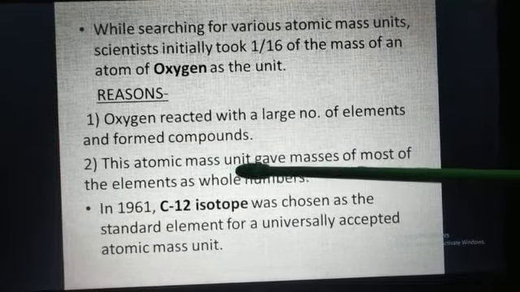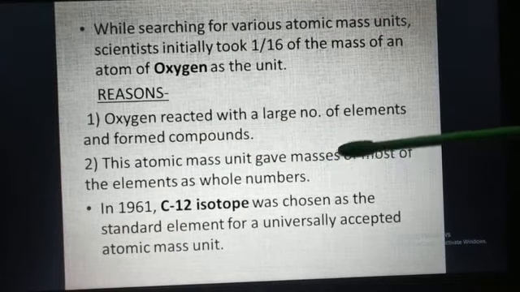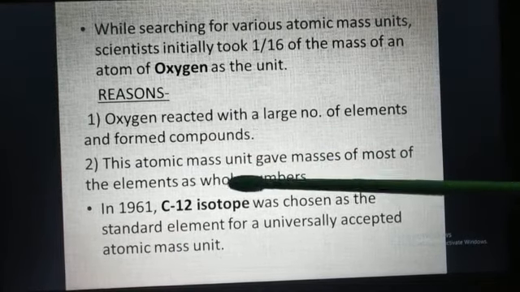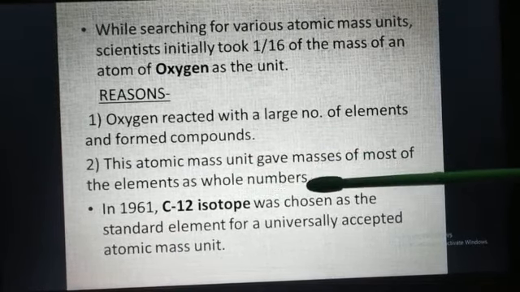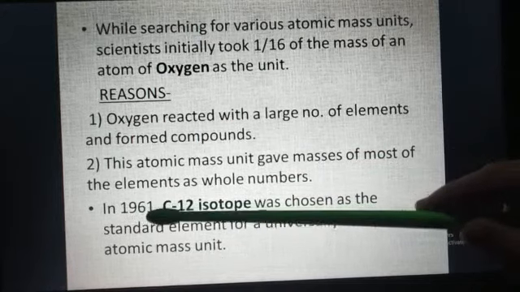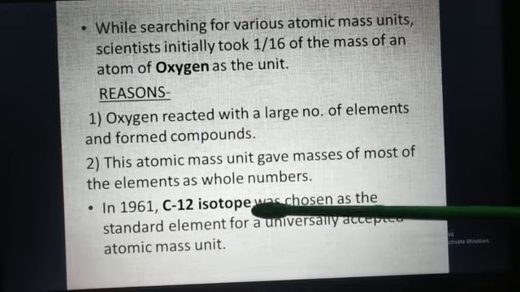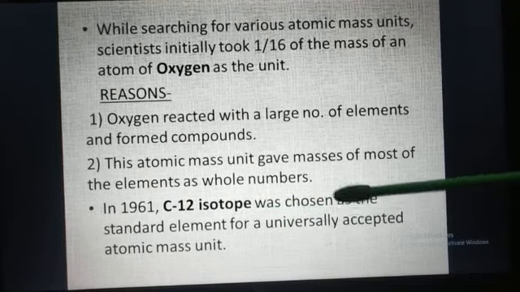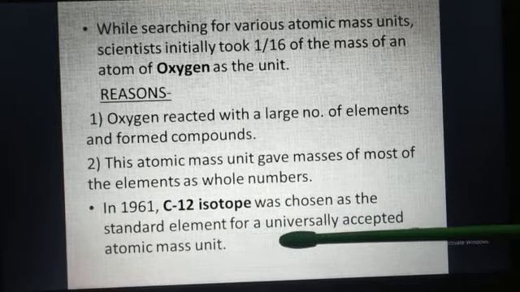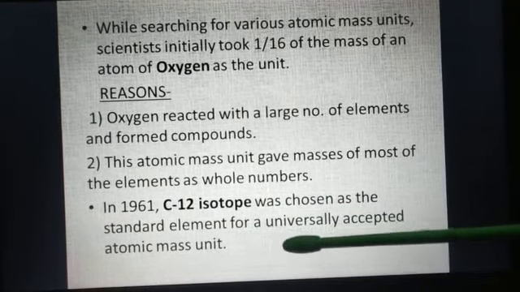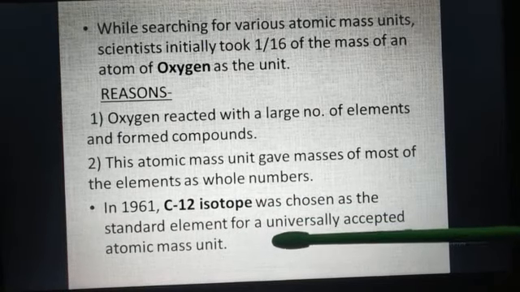Number 2, this atomic mass unit gave masses of most of the elements as whole numbers. But in 1961, carbon-12 isotope was chosen as a standard element for a universally accepted atomic mass unit.